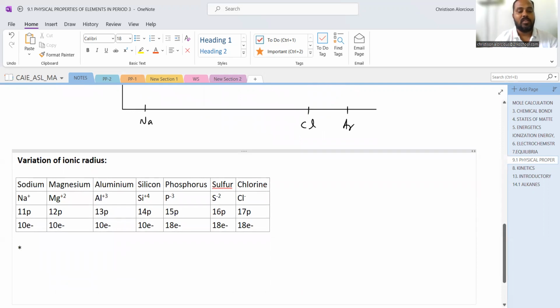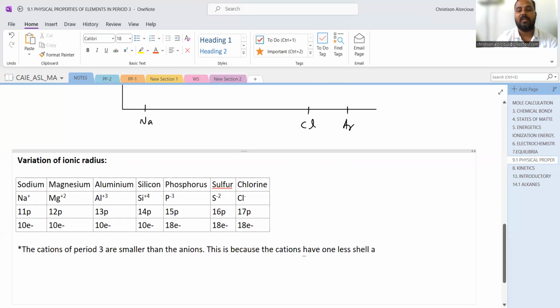So we can just say the cations of period 3 are smaller than the anions. This is because the cations have one less shell compared to the anions.